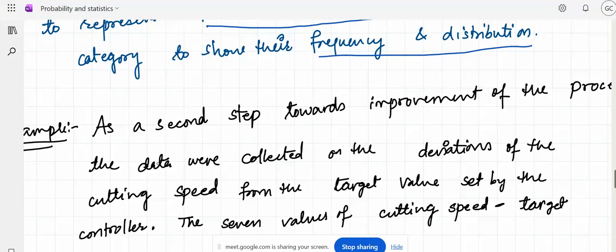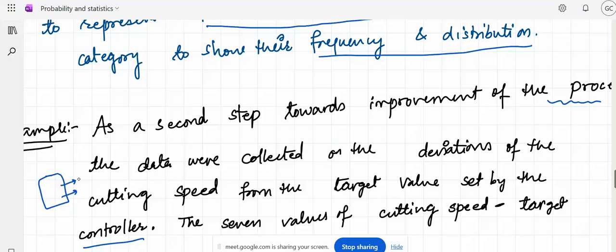Suppose, as a second step towards improvement of the lathe process, the data were collected on the deviation of cutting speed from the target value set by the controller. Now, for a lathe machine, we need cutting, right? We are cutting something. So we will be setting a speed by the controller, and then there is an actual speed.